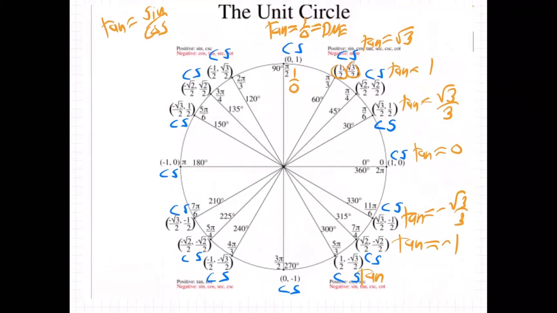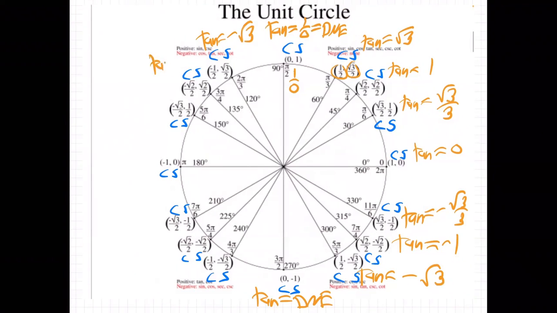At this spot, negative root 3. Then tangent down here does not exist, just like up top. Let me keep going. Tangent right here is negative root 3.